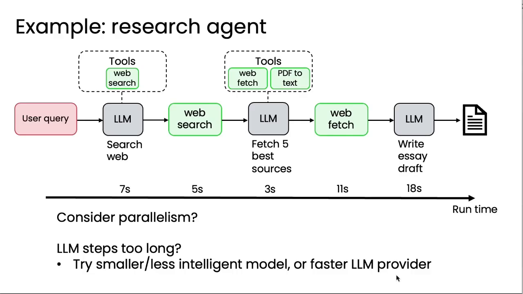There are lots of APIs online for different LLM interfaces, and some companies have specialized hardware that allow them to serve certain LLMs much faster. So sometimes it's worth trying different LLM providers to see which ones can return tokens the fastest. But at least doing this type of timing analysis can give you a sense of which components to focus on in terms of reducing latency.